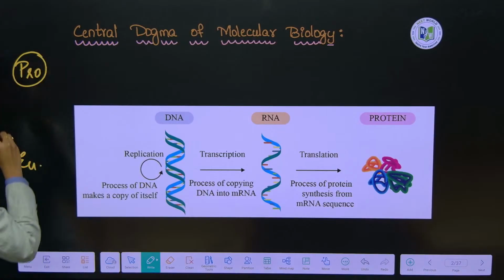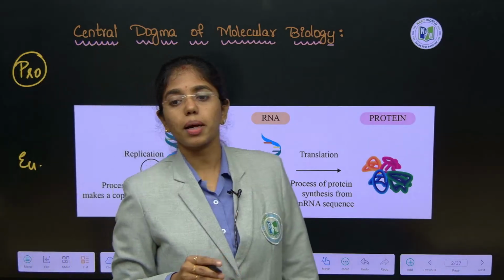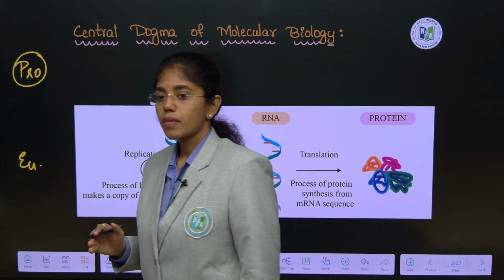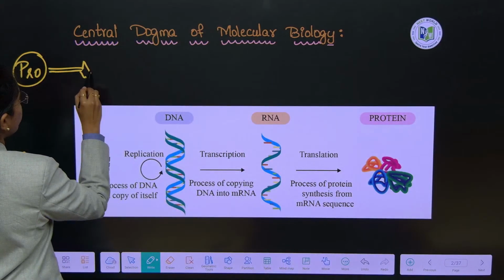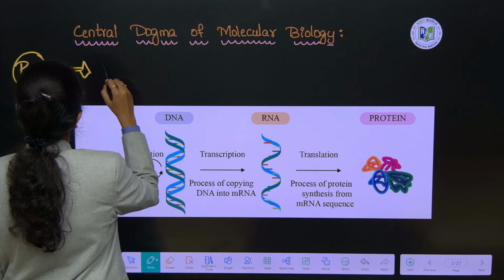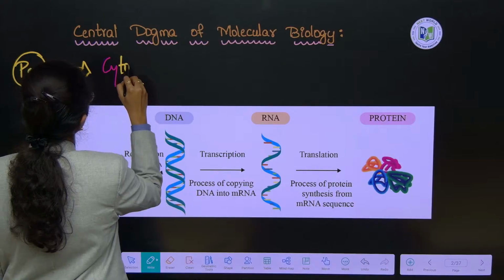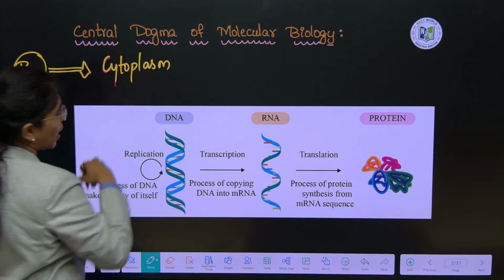In prokaryotes, all the three processes occur in the same compartment. What is that compartment? Single compartment. Where is the location of replication, transcription and translation? Cytoplasm, right.